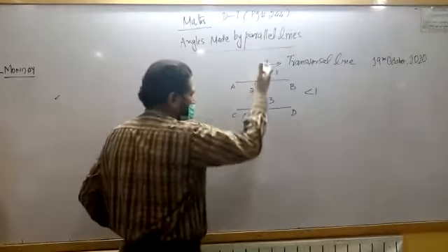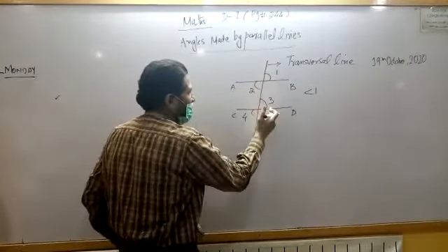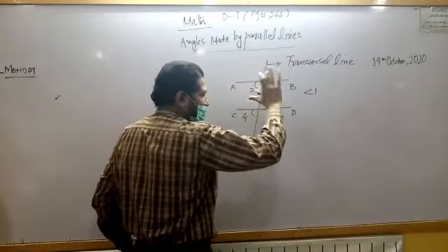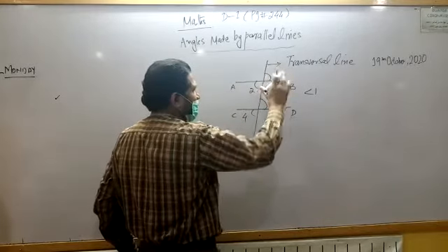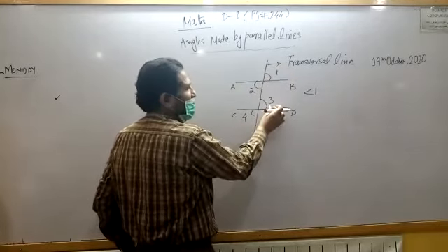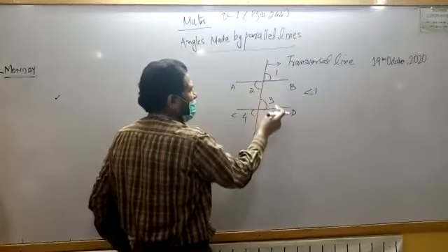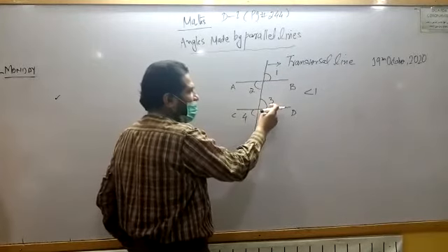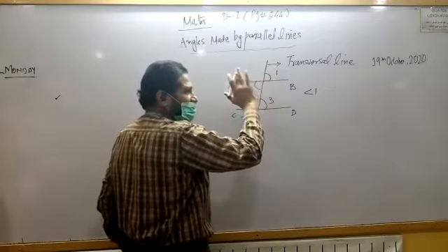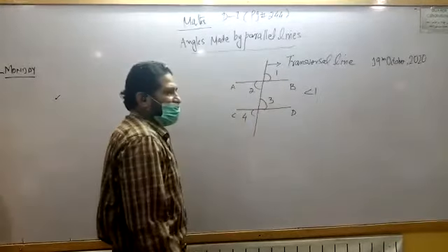You can see both of these angles, angle 1 and angle 3, are on the right hand side of this transversal and above the parallel line. Angle 1 is above the parallel line, angle 3 is also above the parallel line, and both of these are on the right side of the transversal.